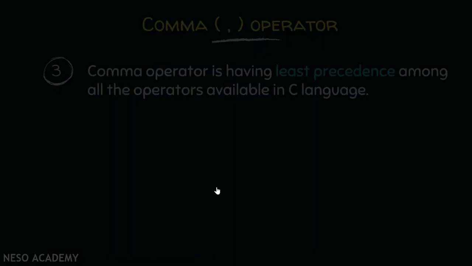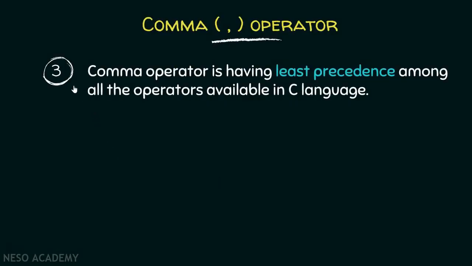Okay? Now let's consider the third important point related to comma operator. Comma operator has the least precedence among all the operators available in C language. This is a very important point. It has the least possible precedence among all the operators that are available in C language.